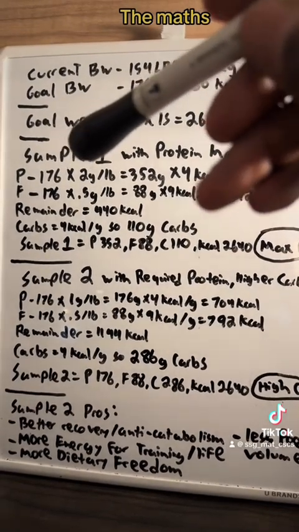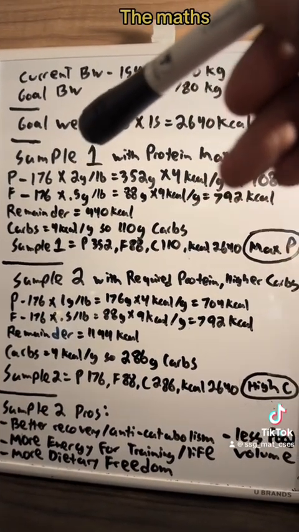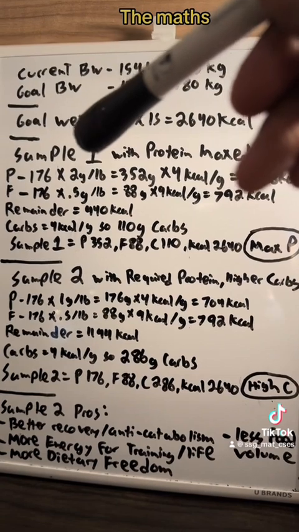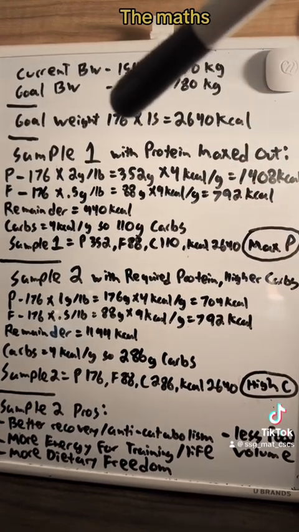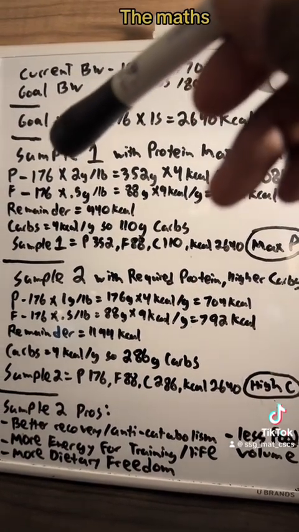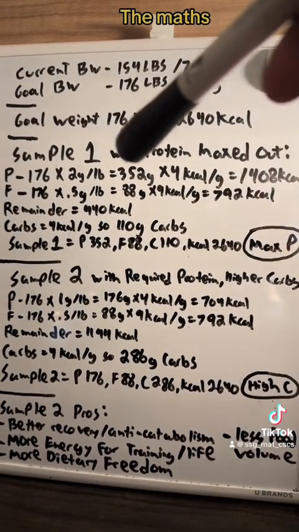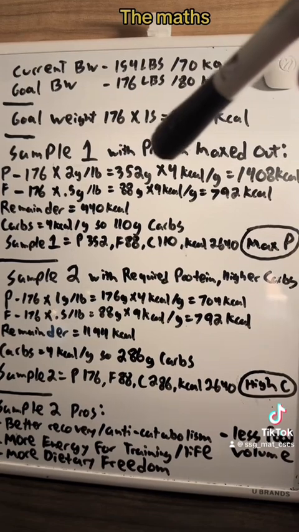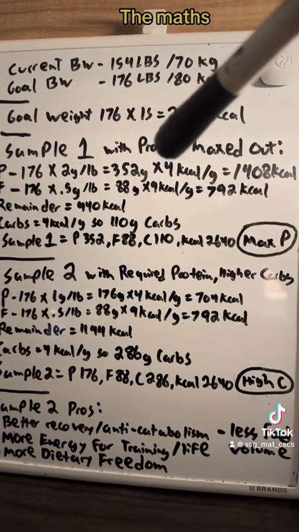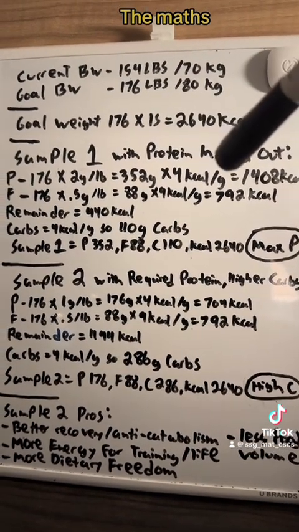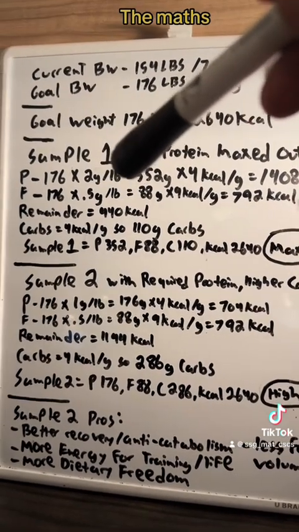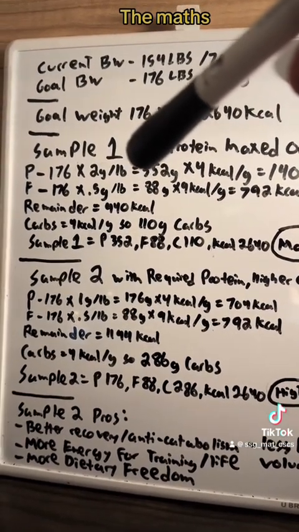Now, I usually calculate fats on the low end just because they're not nearly as necessary as a lot of people think. So fats I put at 176 times half a gram per pound, that's 88 grams, at 9 calories per gram gives us 792 calories. All right, so now we have 440 calories remaining.